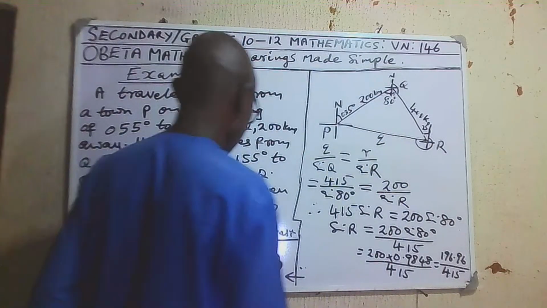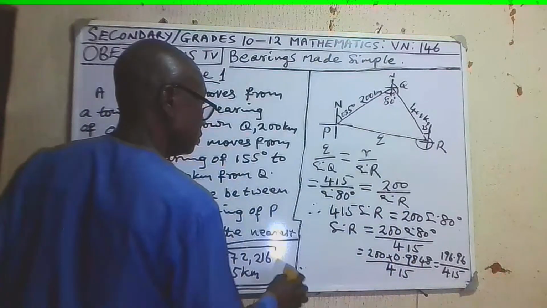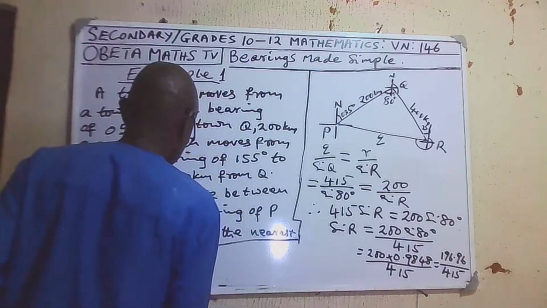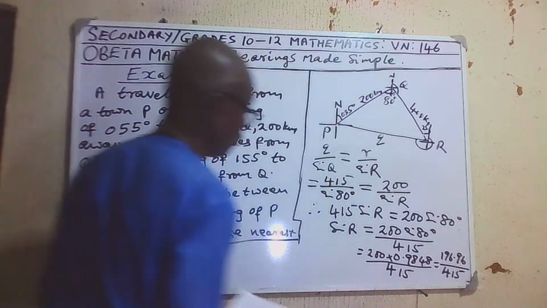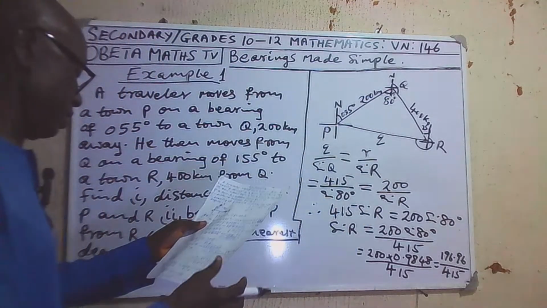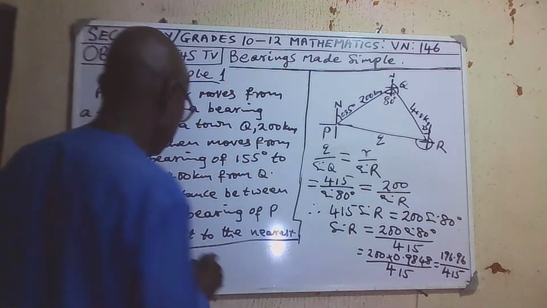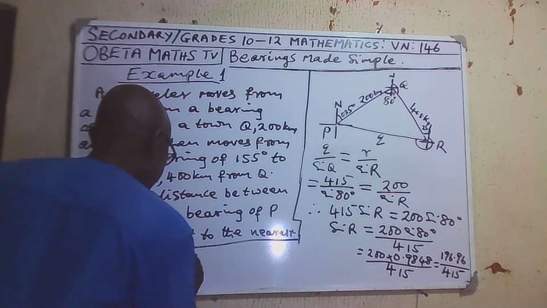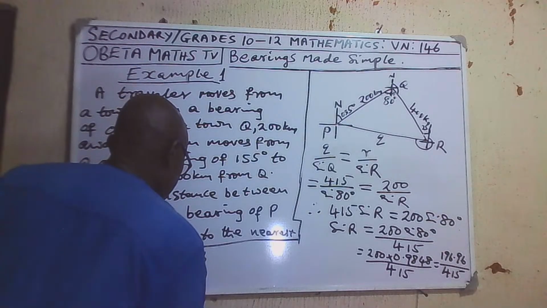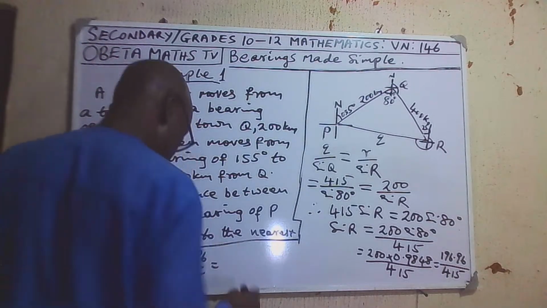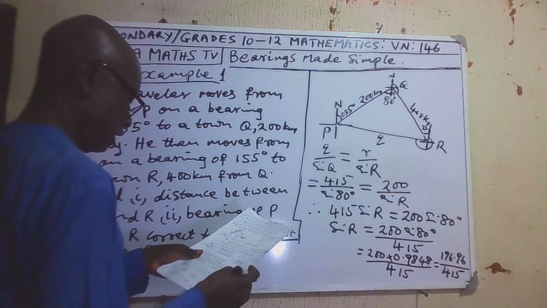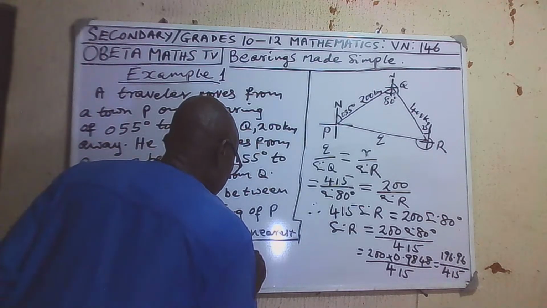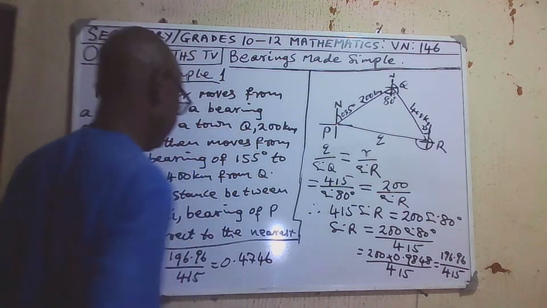So, coming back again, when you divide, 196.96 divided by 415 will give us 0.4746.